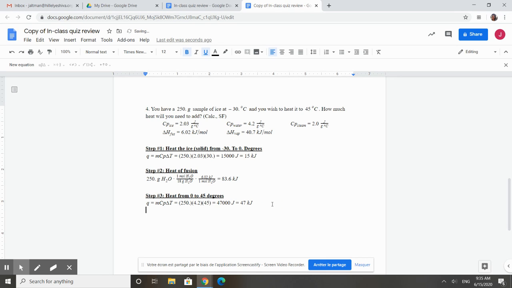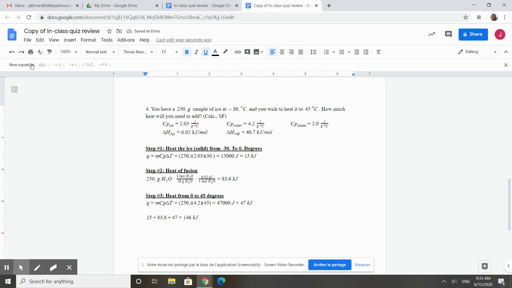And then all I have to do is add my 3 answers together. I round it to sig figs, so I get 146 kilojoules.